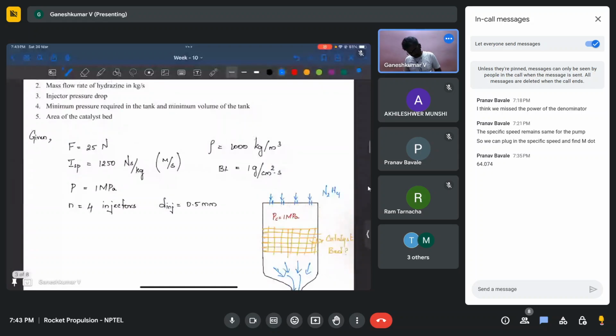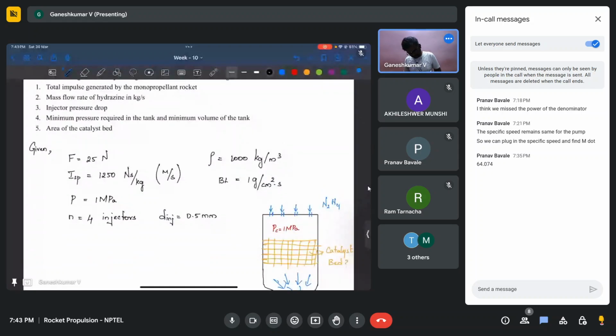We were asked to find the impulse, which is straightforward, from rocket propulsion 101 from the first class. You know how to find it.